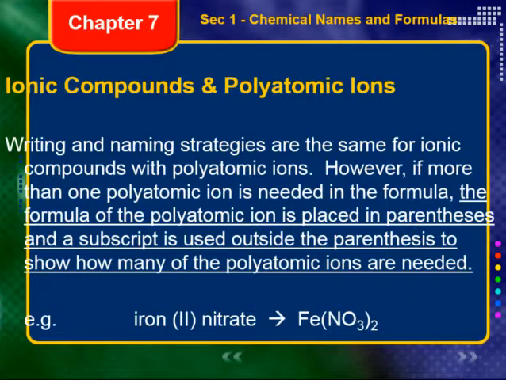And this type of iron, it's iron(II), so it has a +2 charge overall. So I'm going to need 2 nitrates to balance out that positive charge. Now, I can't simply put that 2 right behind the 3, because then it'll look like NO32, 32 oxygens. So I'm going to put the subscript 2 to indicate that there are 2 nitrates, outside of the parentheses.